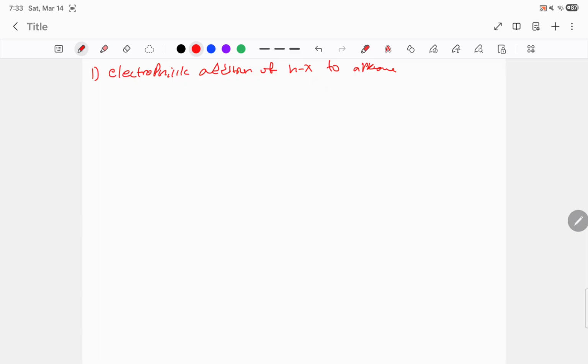So what does the mechanism look like? Well, if we have something like this alkene right here, how would we add HBr to it?